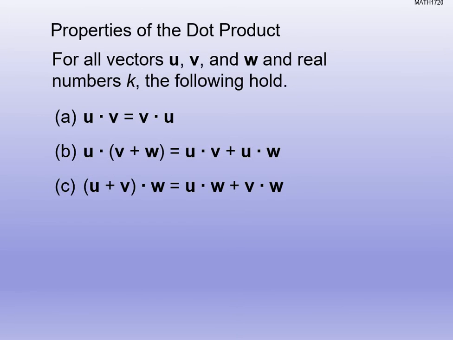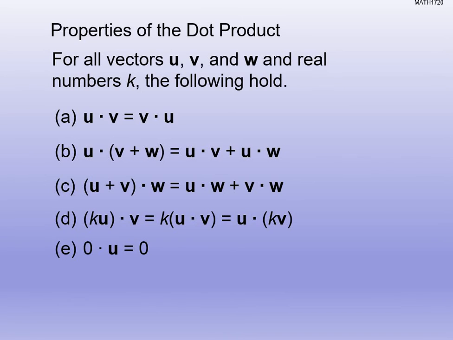Same if we go the other direction. If the dot is on the outside on the right hand side, same thing: it'll be u dot w plus v dot w. Then if we scale u dot v, the scale can come out, and we can rewrite this as k times u dot v, or u dot kv. The scale factor has to be able to present itself there.